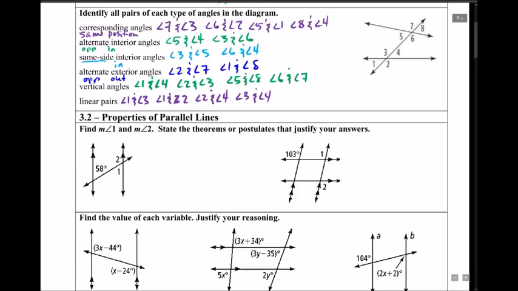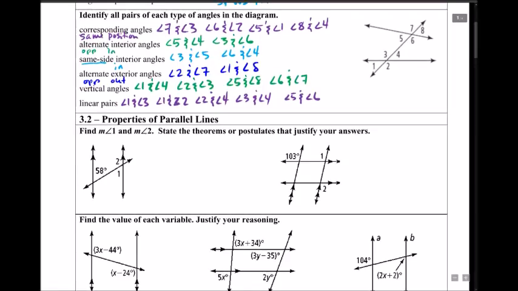We just went around that set of intersecting lines. And now we have the ones up on the top as well. So let's just write those in, angle 5 and angle 6. Anytime we have two adjacent angles that form a straight angle, form a line, we have linear pairs.